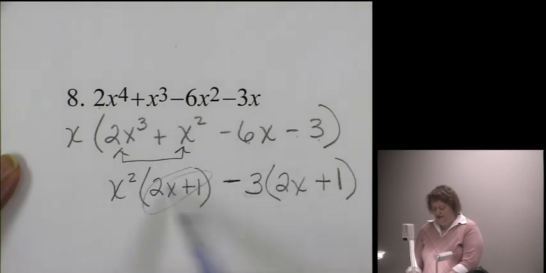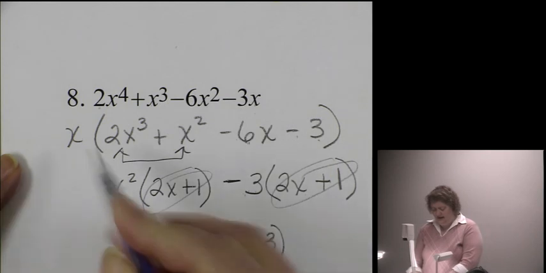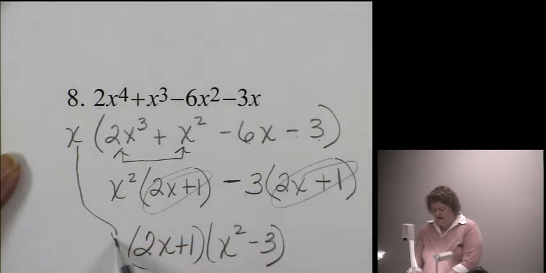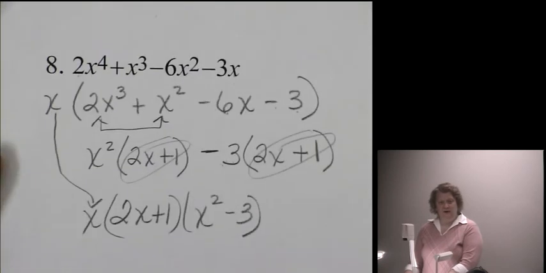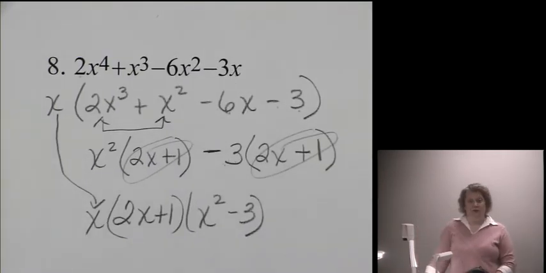Then that 2x plus 1 and 2x plus 1 is the same. So we have 2x plus 1, x squared minus 3. And don't forget that common factor of x that we need to bring down to complete our problem. And this is factoring by grouping.